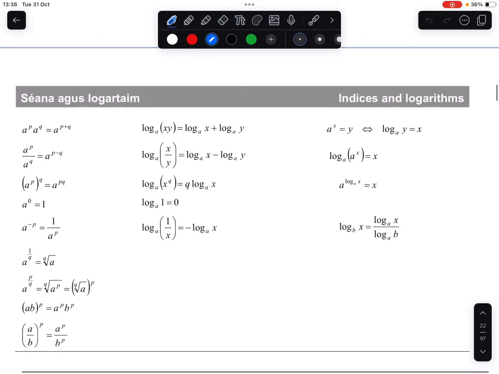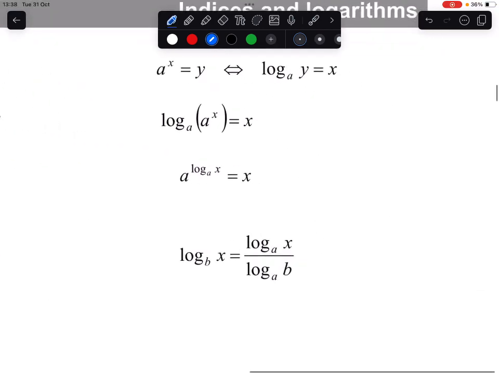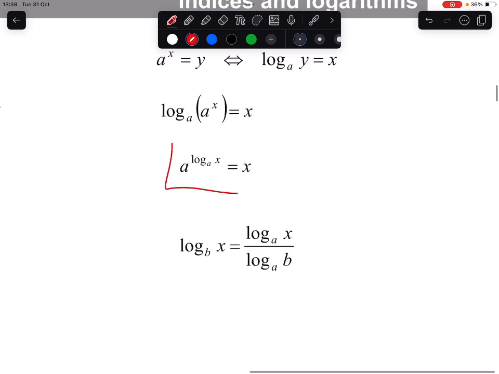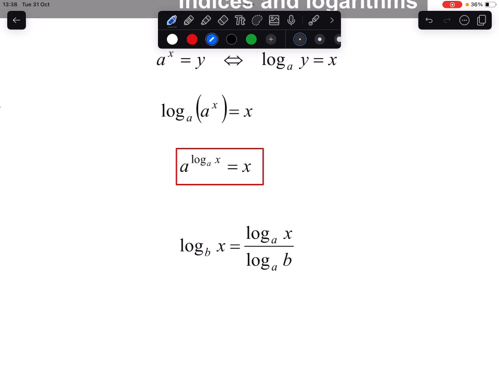If we look at the top right hand corner, we see this identity, or rule. If we have some number a and we put a to the power of the logarithm to the base a of some value x, that equals x. In the example we were just given, we were trying to figure out how to get this t plus 1 out of the natural logarithm.